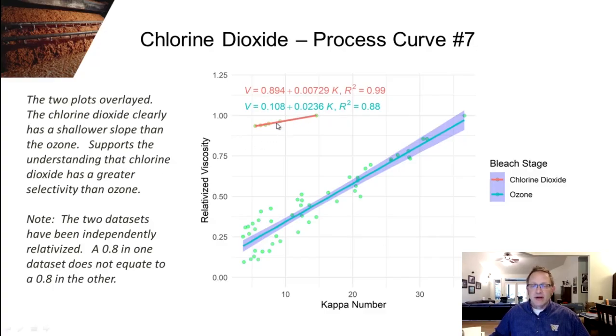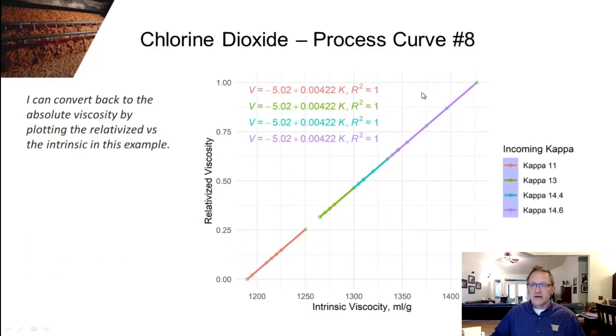Like I said before, just note that this 0.8 here and 0.8 on this do not equate to the same viscosity. These are relative numbers. It doesn't change your calculations or your data at all, and I will do a quick calculation to show that.